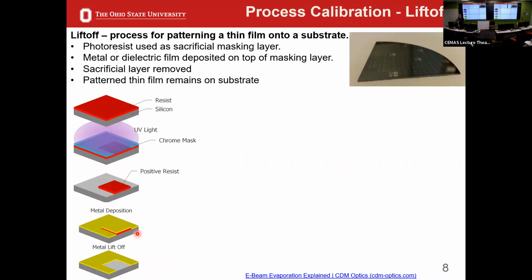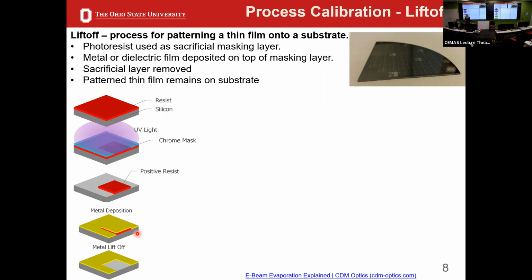This is just a quick overview of a process. One of the things that we do all the time is look at our process, and that means to us our recipe, right? For anything we're trying to do, what is the recipe, what is the process, and what does that look like from start to finish? One of the most important processes that we have is called lift-off.